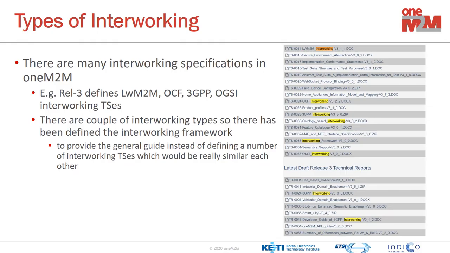Firstly, the different types of interworking from oneM2M. On the right hand side, this is the screen capture for the release 3 specifications, where I was looking for the keyword interworking. There are different interworking specifications like the lightweight M2M, OCF, 3GPP, ontology, the interworking framework, OSGi interworking, and so on.